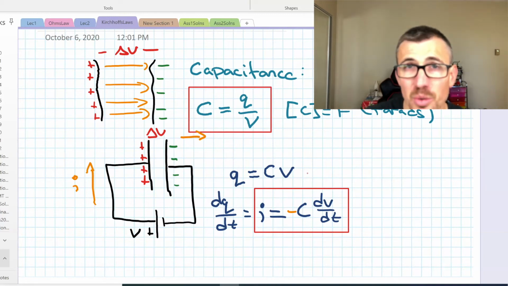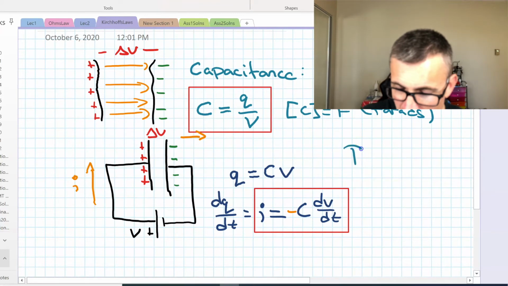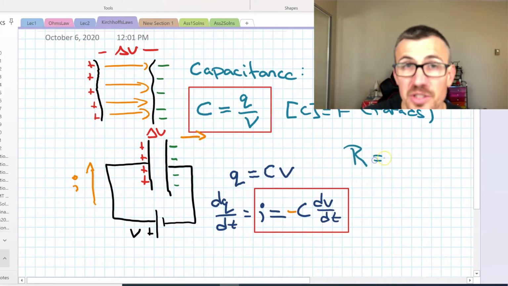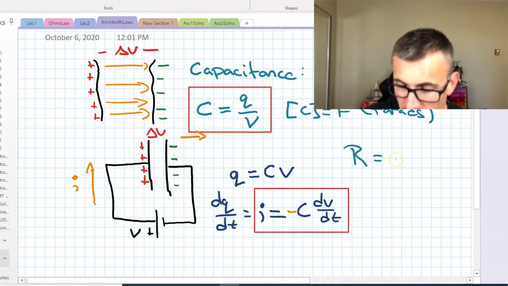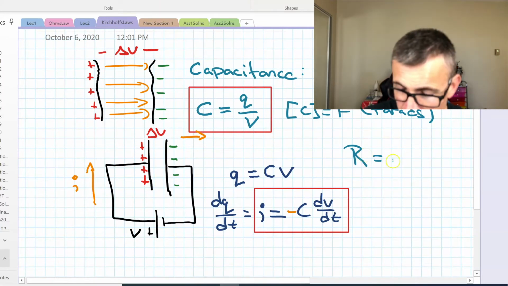So let's look at capacitors now that we know what capacitance is. If you recall from before with resistors, we had a formula for a very particular convenient geometry. A resistor is something with a well-defined resistance.